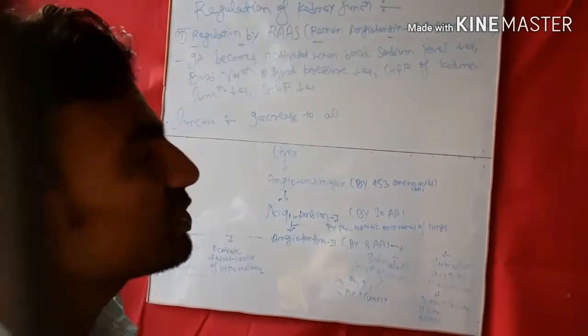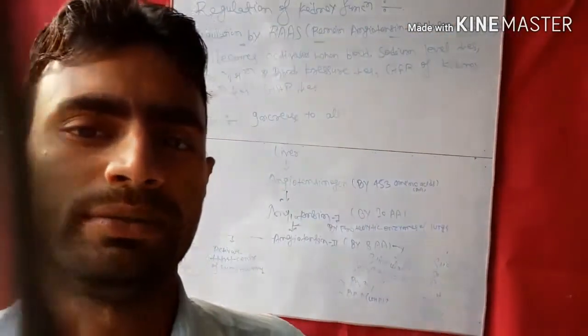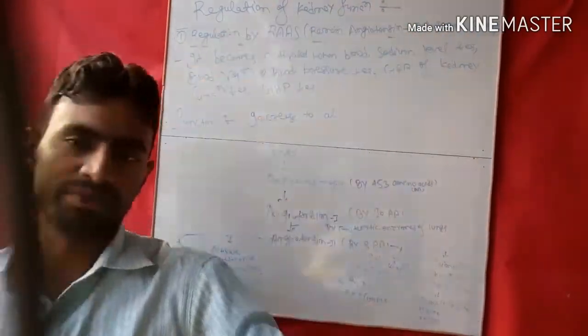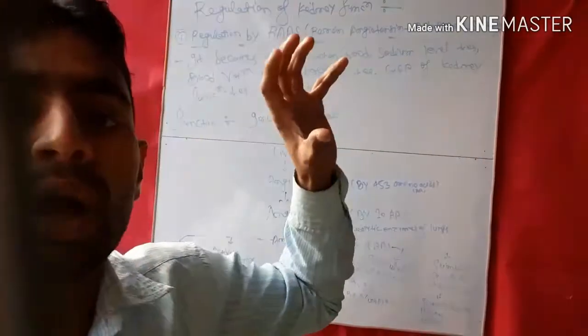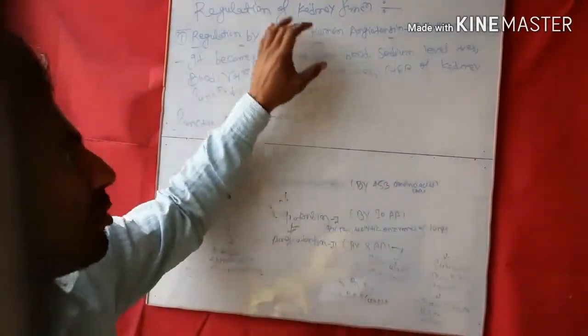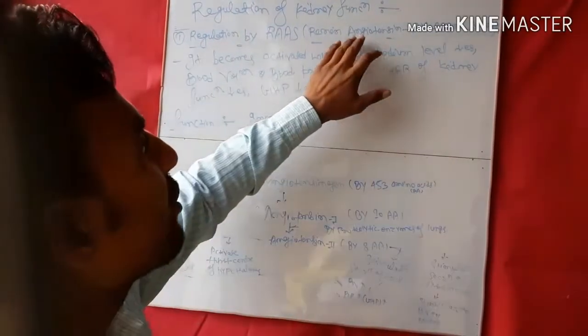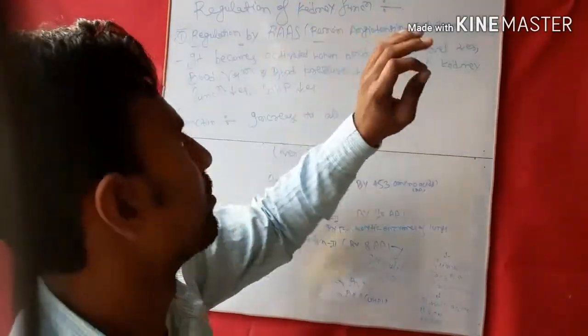Okay. So first, what is the complete name of RAS? RAS stands for renin angiotensin aldosterone system.